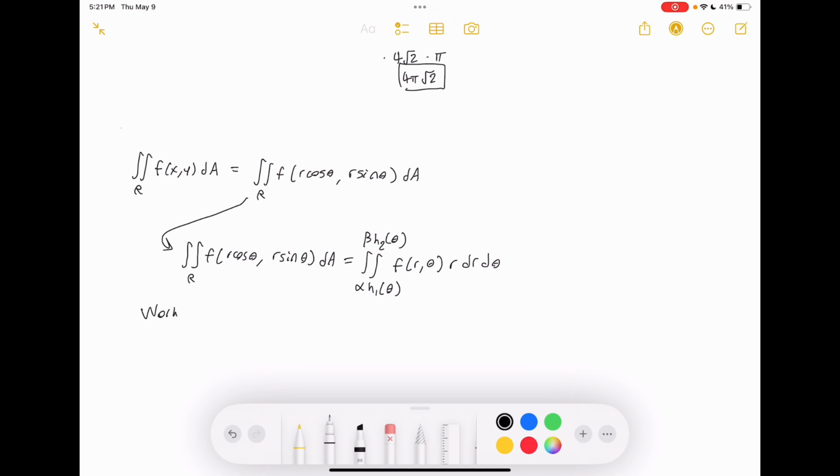And this is going to be for a polar region, if f is continuous on the polar region given by 0 less than or equal to h1 of theta, which is less than or equal to r, which is less than or equal to h2 of theta.